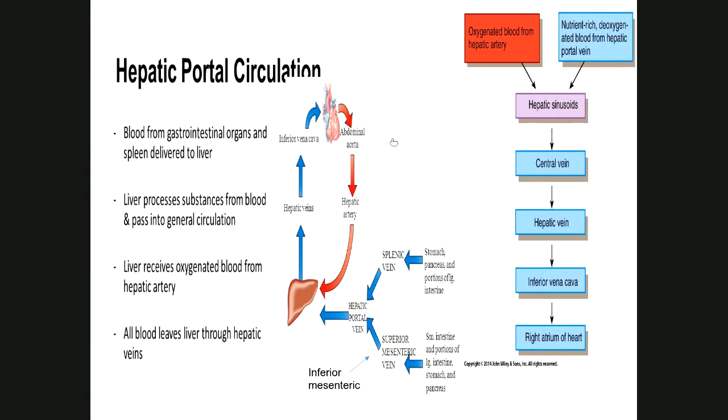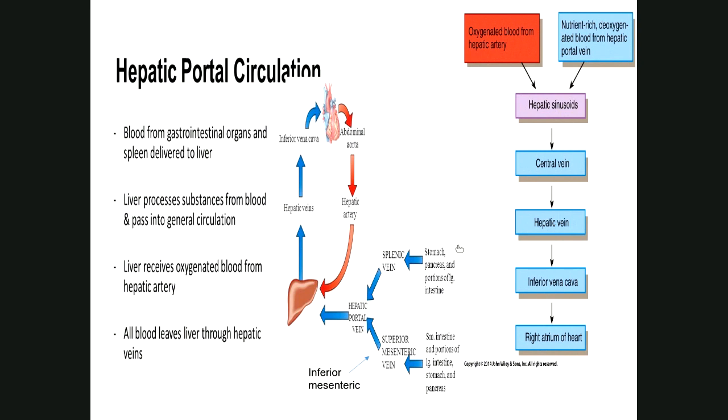So we could see here, here's the heart. The abdominal aorta is bringing that oxygen-rich blood to our liver. At the same time, through the abdominal aorta, it's going to feed all of these organs that are in our gastrointestinal system.